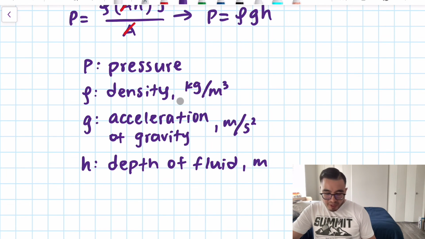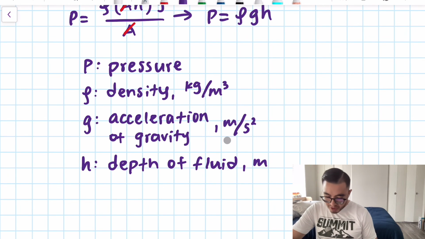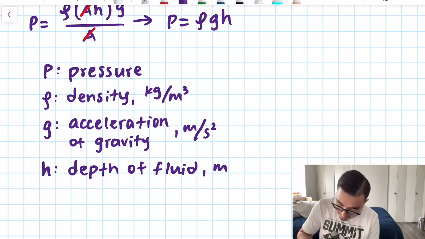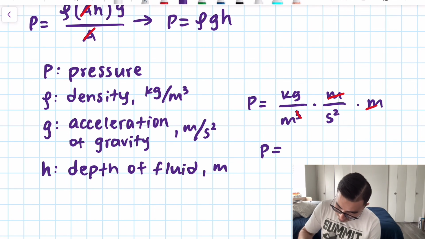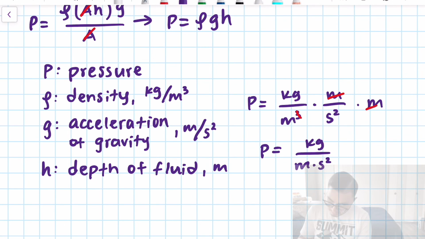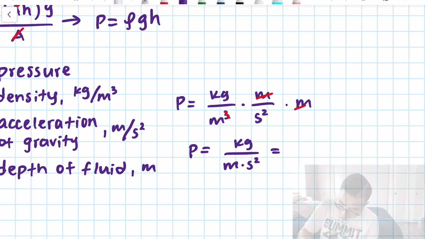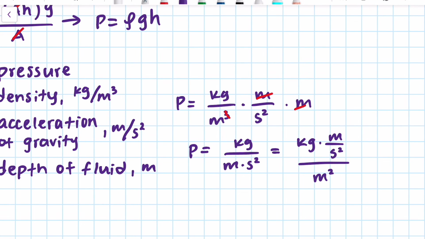And now let's just make sure we get the units of pressure back. Okay, it's going to be kind of fun. We're going to multiply all these units to see what we get. So we ended up with kilogram over meter times second squared.